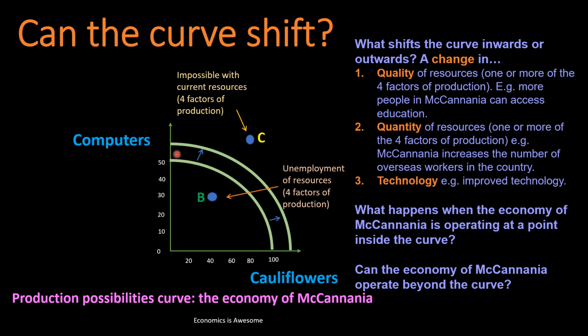Because remember, productive efficiency at every point on the curve means that we are using all of our resources to their maximum capacity. So if there's unemployment, you'd be at a point inside the curve. And a point outside the curve is not possible with the current amount of resources. So it's unattainable or impossible with current resources. So that's some answer to that question.